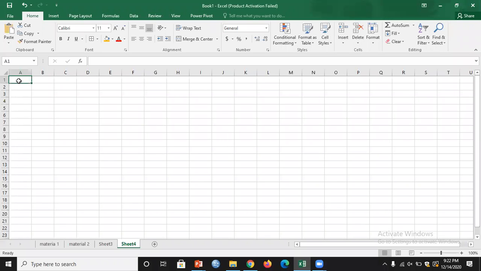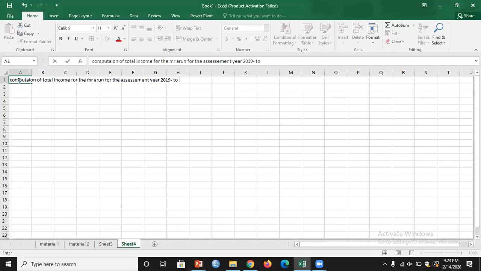Okay. First, let me put the heading for it. The heading must be informative, like computation of total income for Mr. Arun for the assessment year 2019 to 2020.